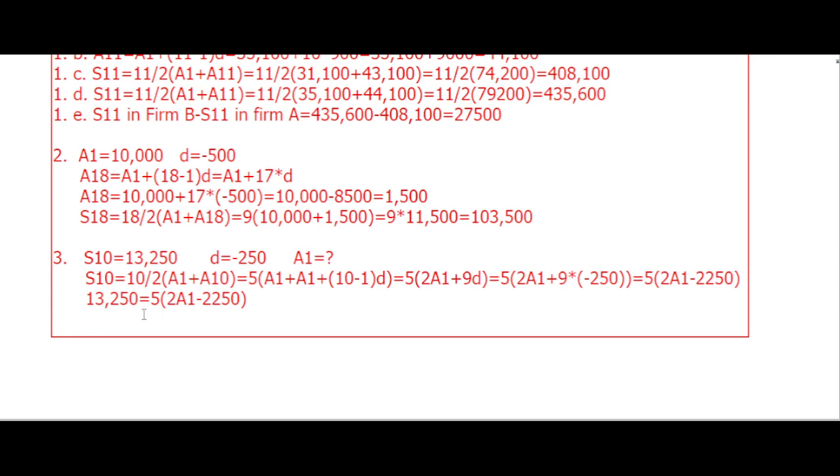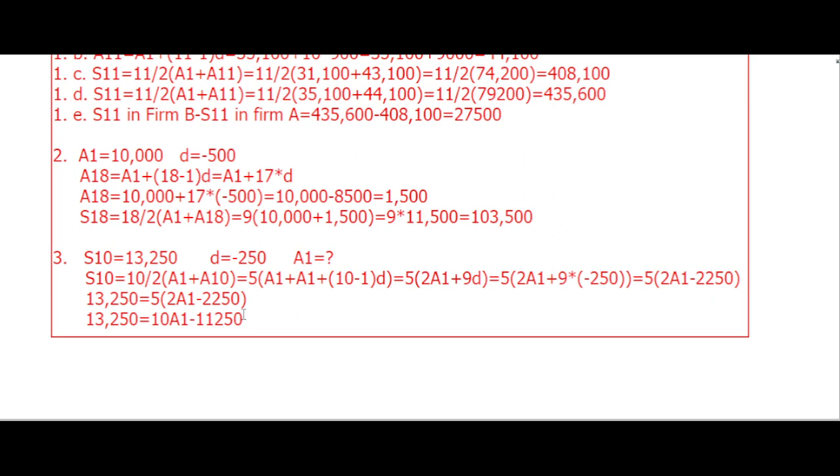Let's distribute this. Okay, no problem. 13,250 is equal to 5 times 2, 10 A1, minus 5 times this 2,250, which is equal to 11,250.